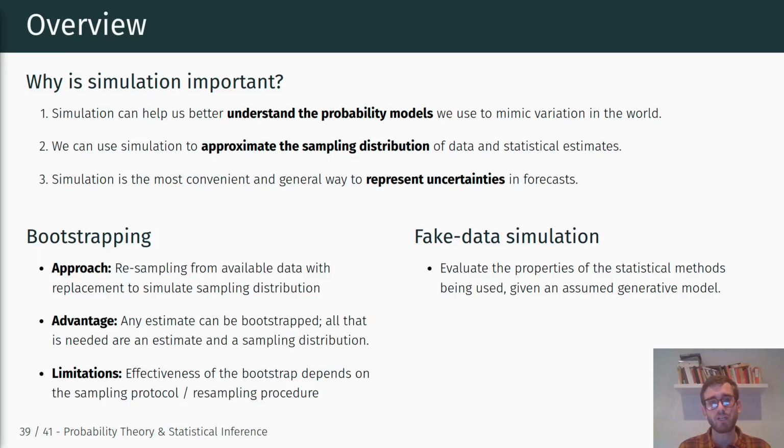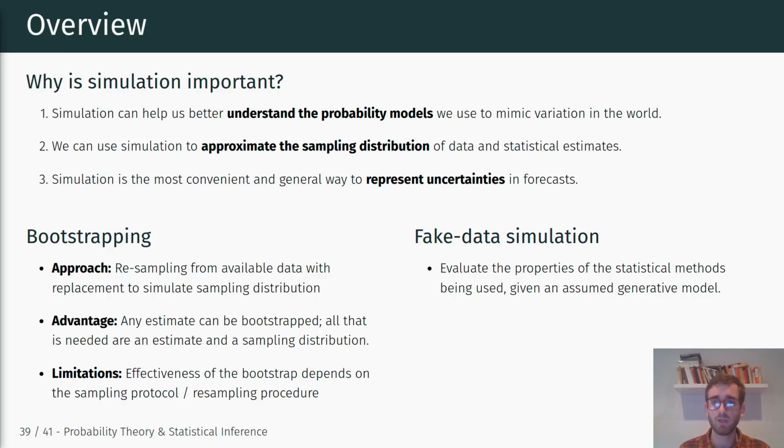And by generating fake data, running our models with these fake data, and then ultimately comparing these results to our actual, collected data, we can evaluate the appropriateness of our statistical models, right?